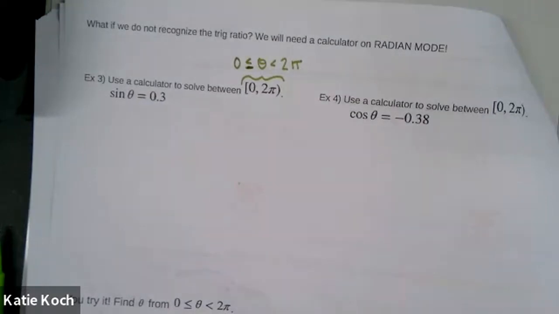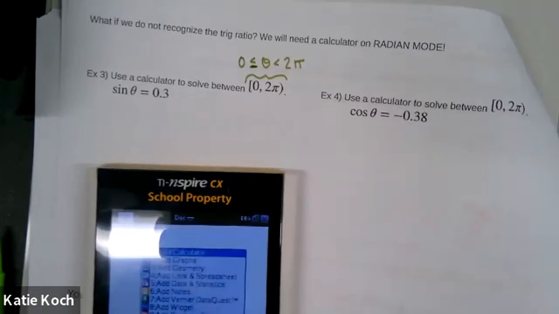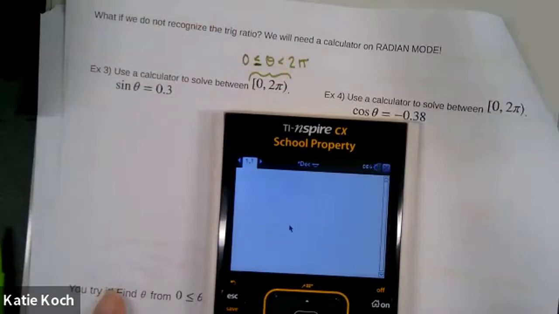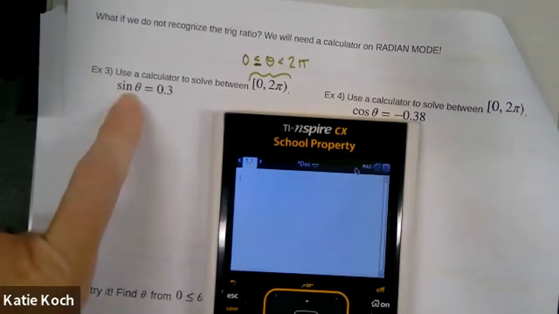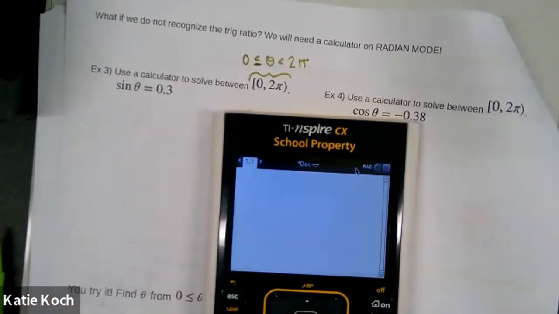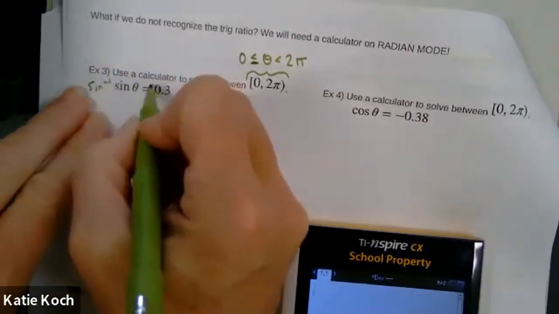because when I go to my calculator, let me start a new document here. Okay, first of all, notice this is 0 to 2 pi. So I actually do have to toggle back over here to radian mode. So I toggle that to radians. All right, and then this is the sine of theta equals 0.3. So I'm going to ask the calculator where the sine is equal to 0.3 by taking the inverse sine of both sides.